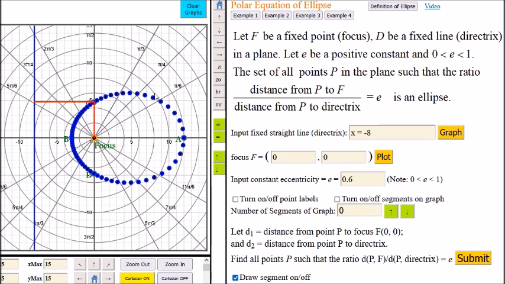And then next pick an eccentricity number between 0 and 1, since we want an ellipse. In this case, we picked 0.6. And then next find all points such that this ratio is equal to e. And then we have the ellipse.